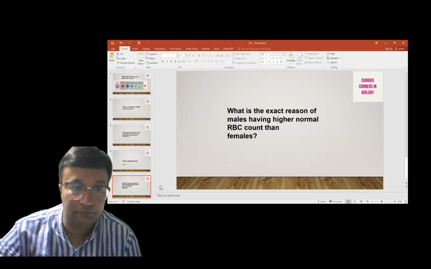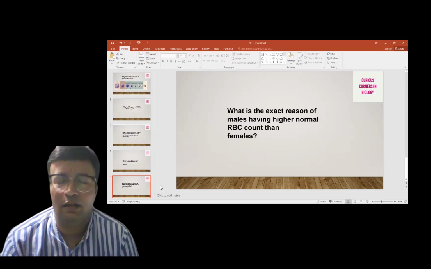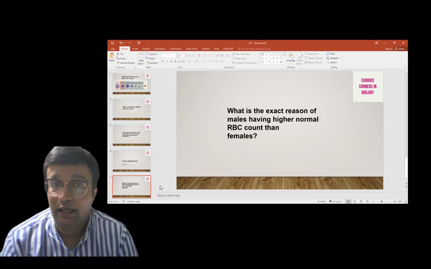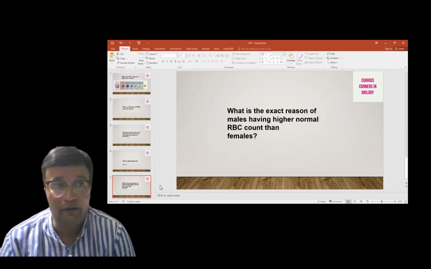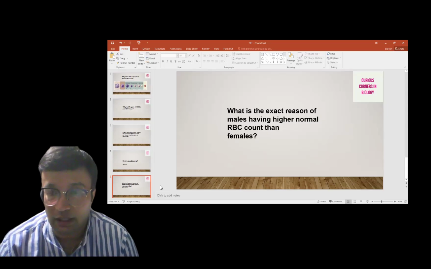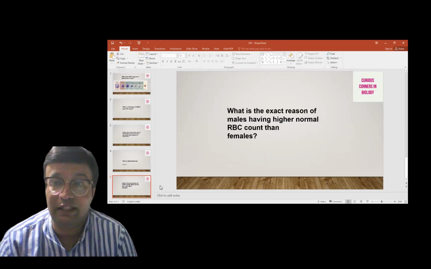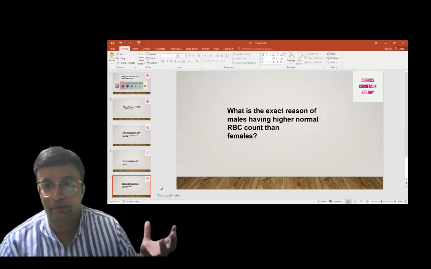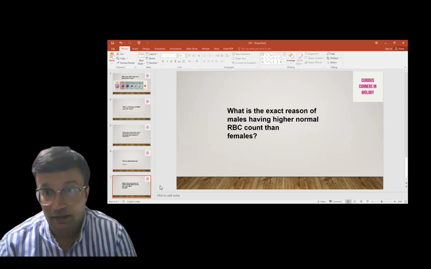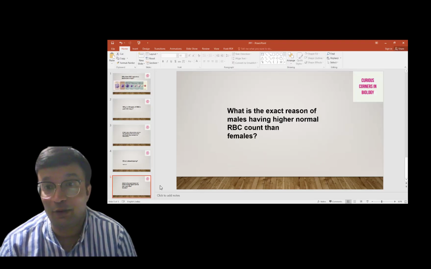The next question, which I would like to discuss, which is probably left out in these slides, is: if a person receives a bone marrow transplantation, will the recipient's DNA change? Yes or no?